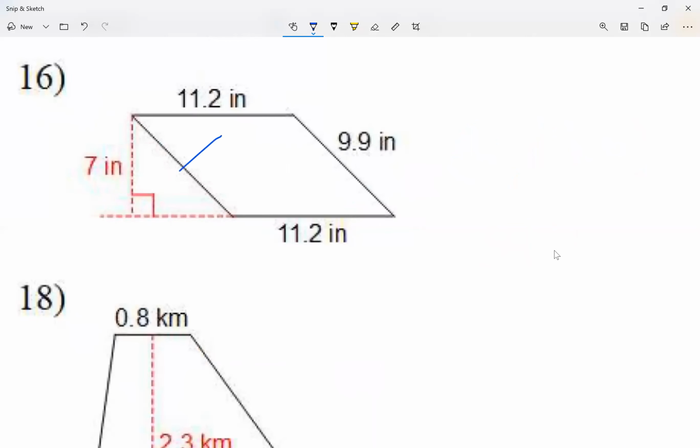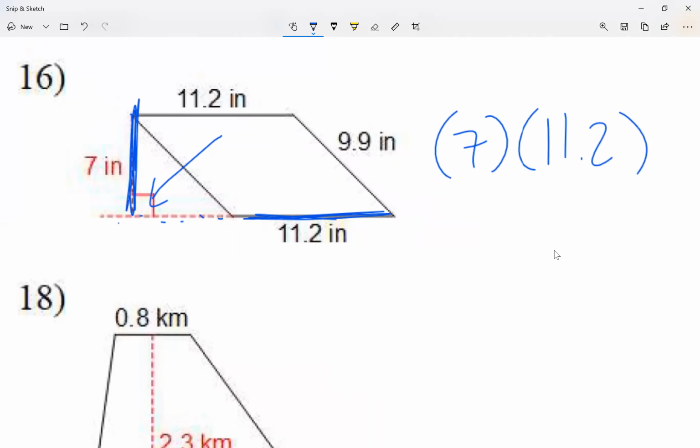I'm looking for the 90-degree corner. Happens to be outside. Sometimes it's inside. The two numbers that meet at this corner are 7 and 11.2. The dotted line means if I was to extend it, that's where they will meet. So 7 times 11.2. Don't think you have to use every number.